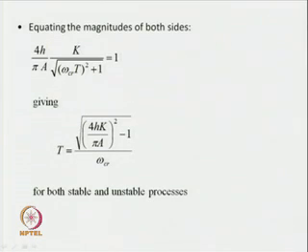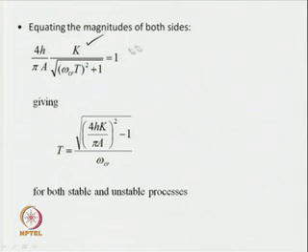Equating the magnitude of both sides of the equation, we get (4h/(πa)) · k/√((ω_cr T)² + 1) = 1. So, for both the stable and unstable transfer function models, the magnitude of the analytical expression will be the same.